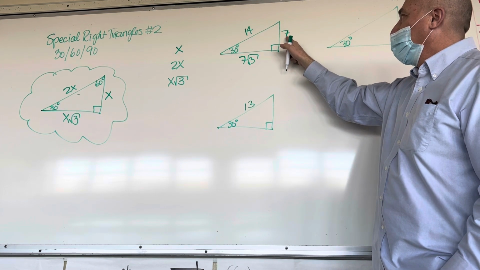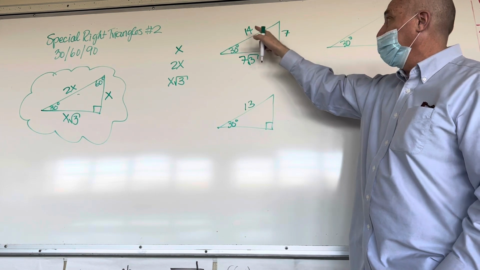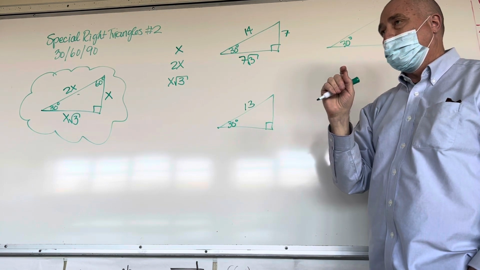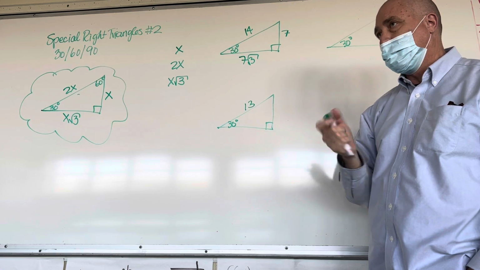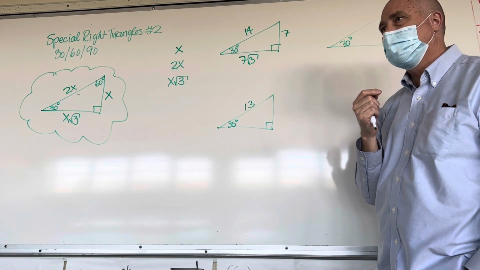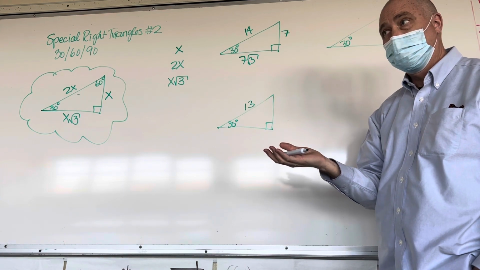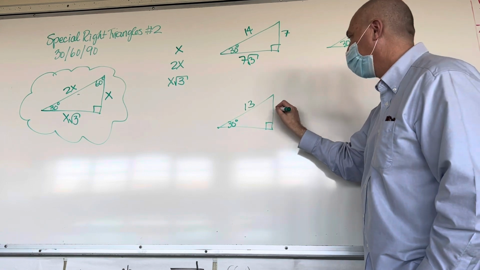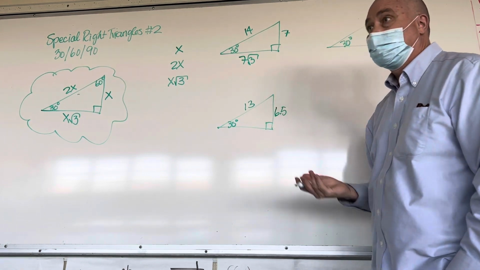What did we do when we had 7 here? What did we do to get to 14? Good. In your mind, what is the reverse of multiplying by 2 in math? By? 6.5.